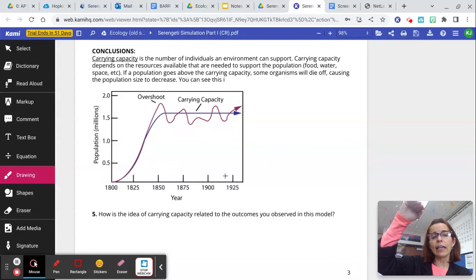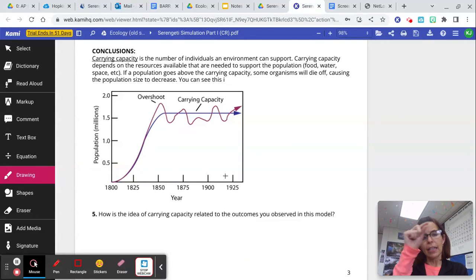They go over the carrying capacity and they start to starve to death. And so their population, more of them start dying. Their population comes down below the carrying capacity. And now there's enough food because there's not very many of them. So they start eating well and reproducing, and their population comes back up. And you see it fluctuating around that carrying capacity. So that's what carrying capacity is, that fluctuation point.